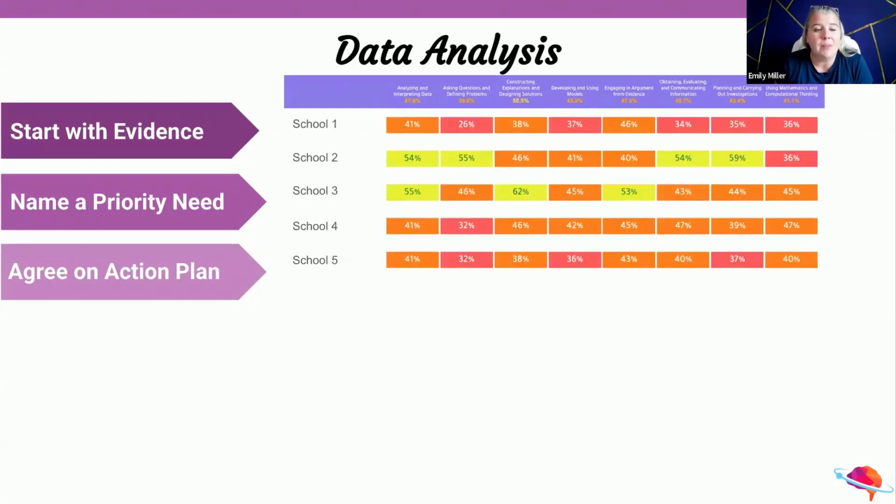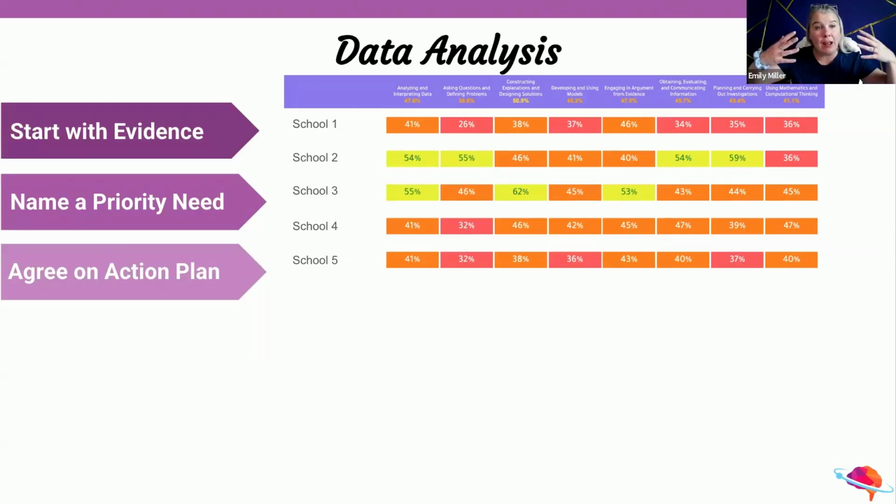What I have here is an example of a district level report. Up here are all of the SEPs, all the science and engineering practices. And along here would be the different school sites within the district. Like I mentioned, this was a larger district. What's interesting about this report from a district level is you can apply that same PLC data chat protocol of starting with evidence, name a need, and agree on an action plan.